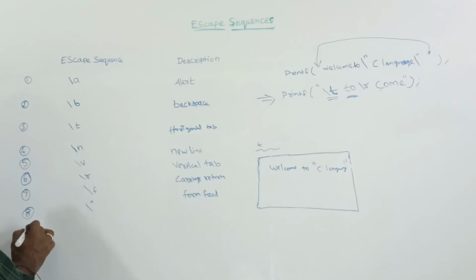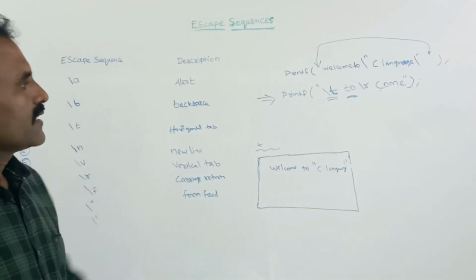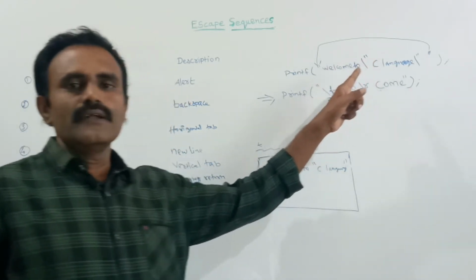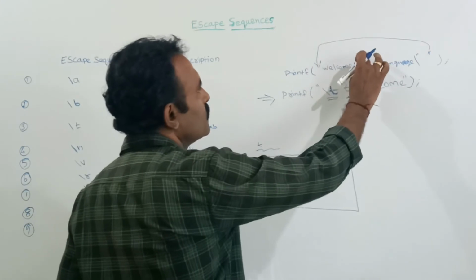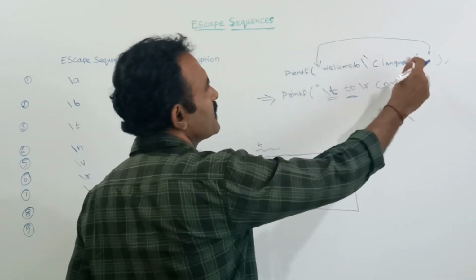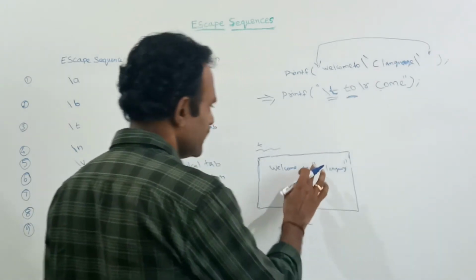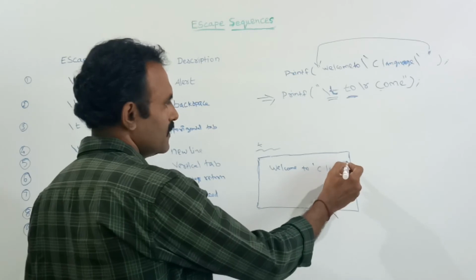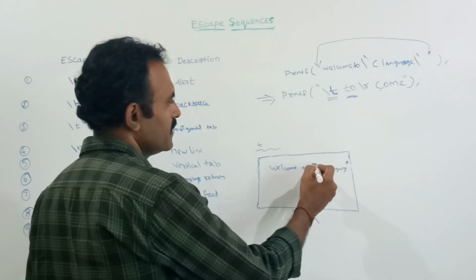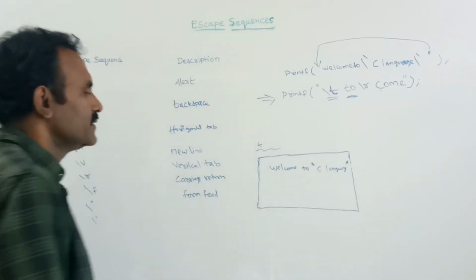Similarly, next one is for single quotes. Instead of double quotes, if I like to print single quotes, here welcome to, backslash single quote, and here backslash single quote. Here, instead of the double quotes, the single quotes will be displayed, welcome to C language.